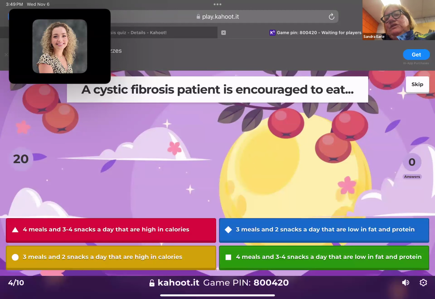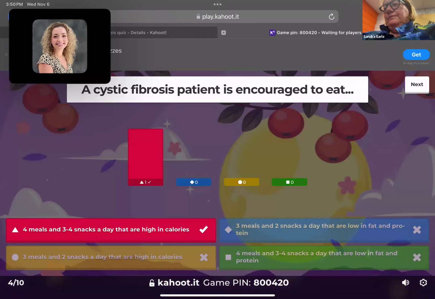A cystic fibrosis patient is encouraged to eat, well, we know we can rule out these ones that are low in fat and protein. We want it to be high in calories, high in fat. So the more the better. Good.